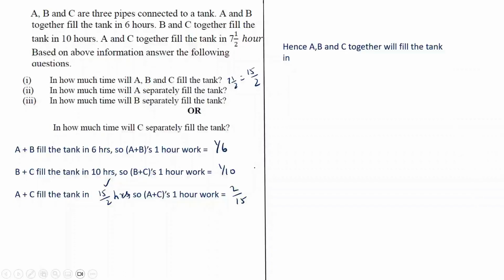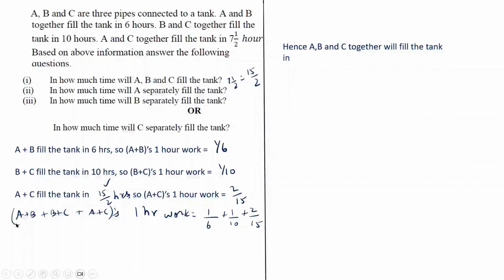Now we can find A plus B plus C's 1 hour work. When we add all these, there is A plus B, plus B plus C, plus A plus C. All these 1 hour work will be the sum of 1 by 6 plus 1 by 10 plus 2 by 15.